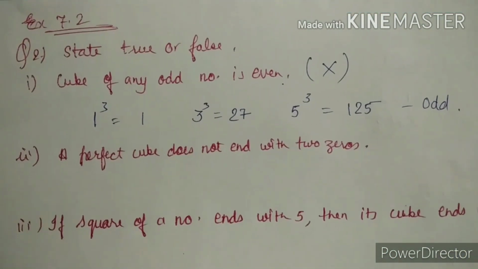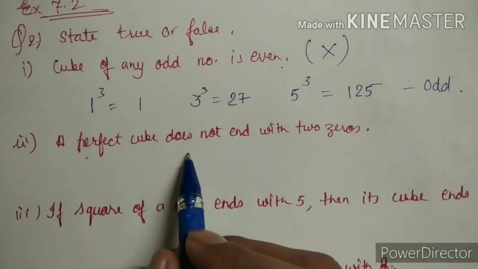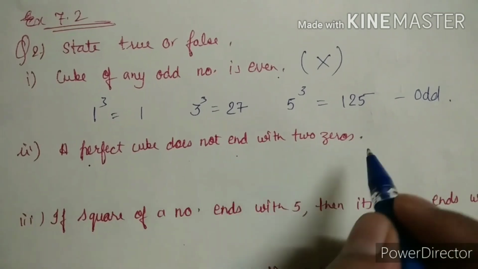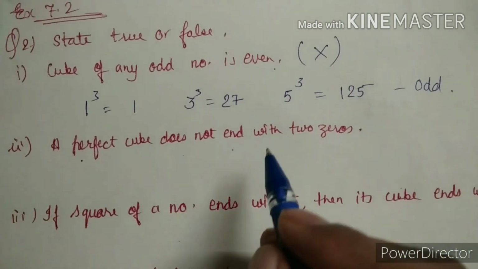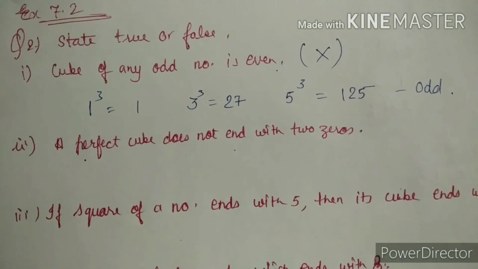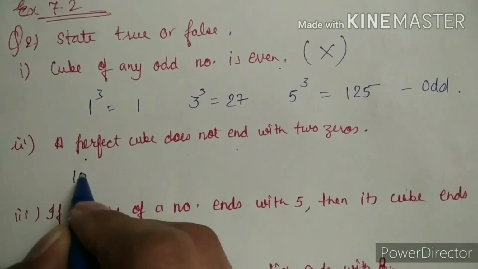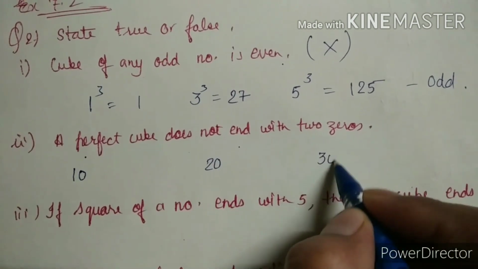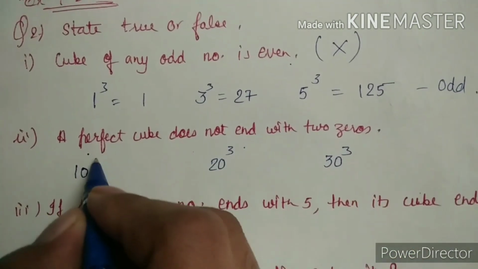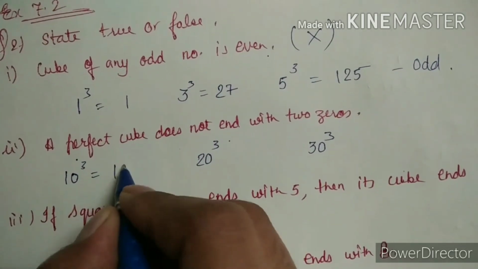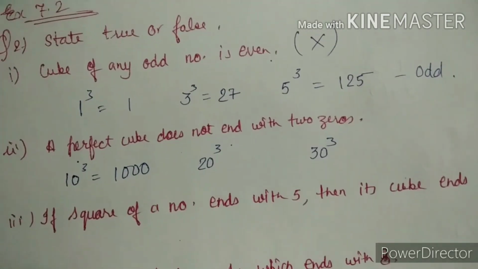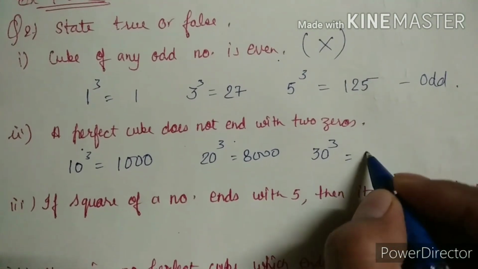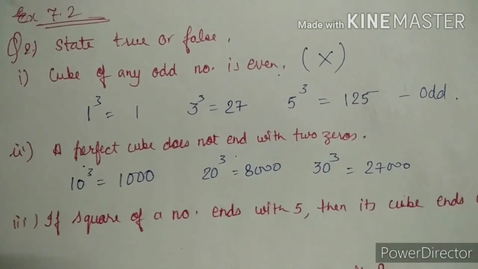Now second: a perfect cube does not end with 20. So it says that the end of a perfect cube never ends with 20. So let's see. 10, 20, 30. When we take their cubes, 10 cube is 1000, 20 cube is 8000, 30 cube is 27,000.